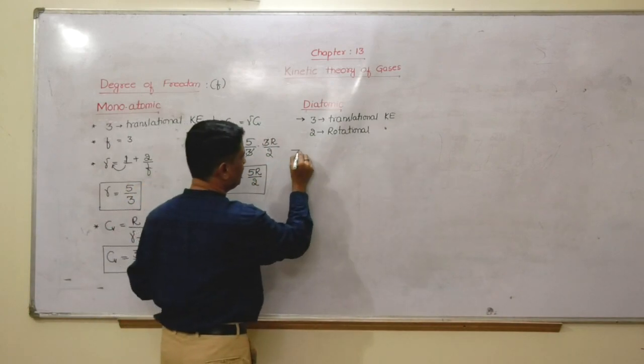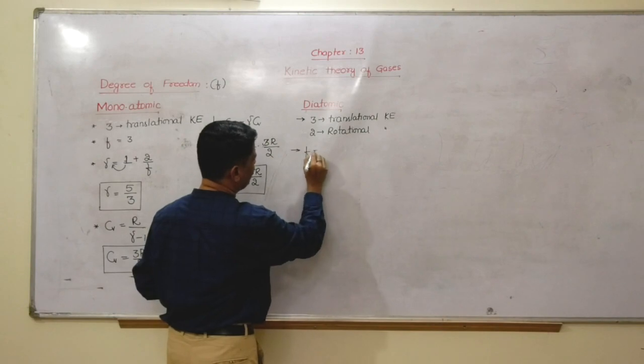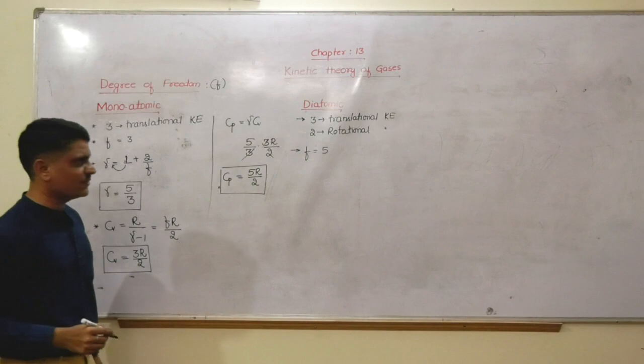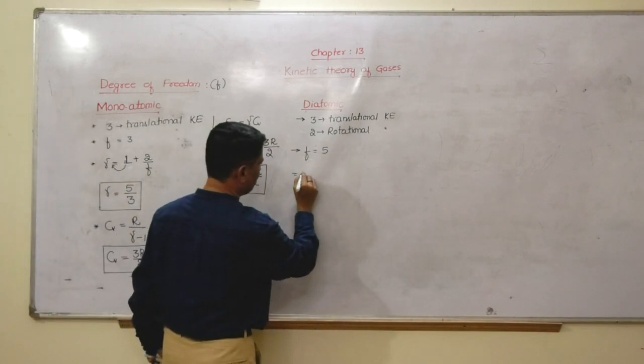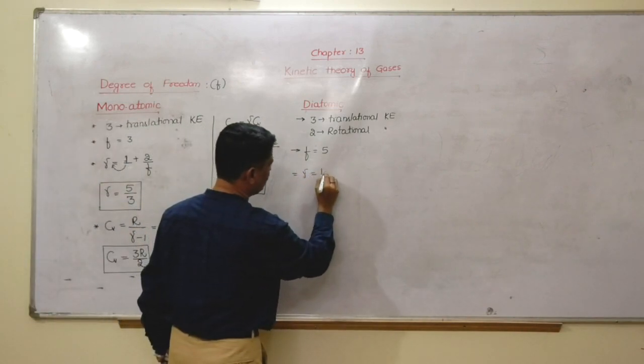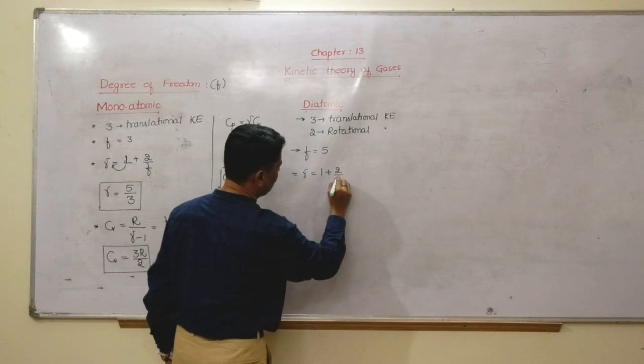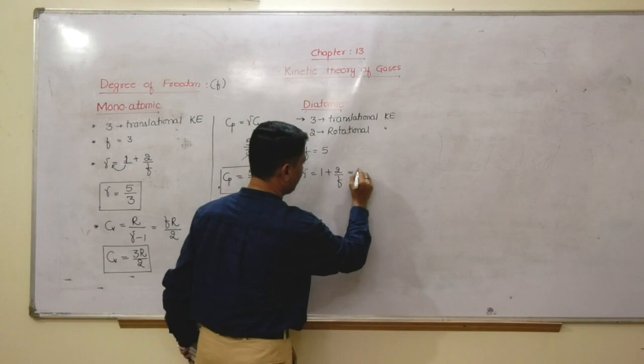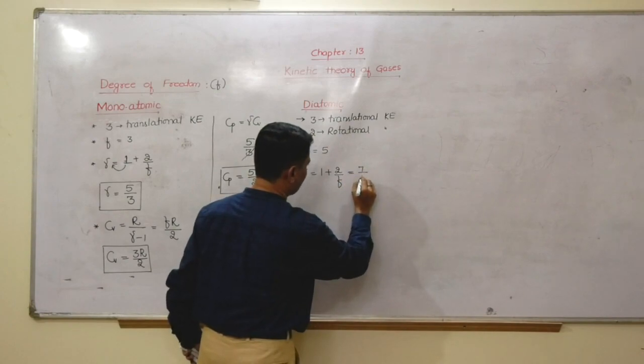Hence, the number of degrees of freedom is 5. Then gamma is equal to 1 plus 2 by F. If you substitute F is equal to 5, then it is 7 by 5.